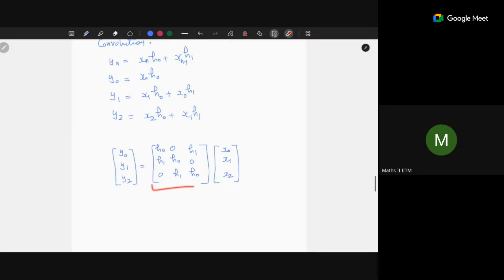Such matrices are called circulant matrices, or circular matrices, and there is a specific way to solve them. Finding the eigenvalues and eigenvectors of this matrix helps to represent it in a simpler form, and hence you get the output in a simpler form.